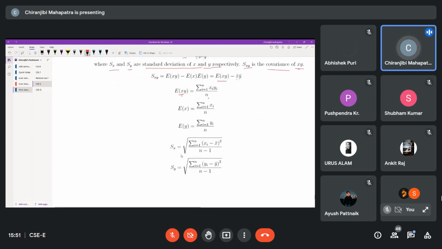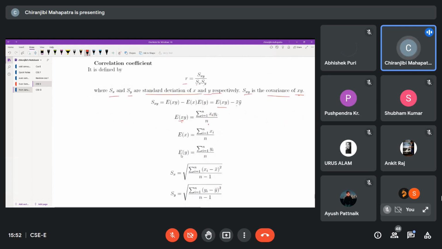And Sx is this one, Sy is this one, root over of summation of i equals to 1 to n yi minus y bar whole square by n minus 1, and this is xi minus x bar whole square by n minus 1. Okay, so in this way, by using these formulas, you have to calculate the correlation coefficient.